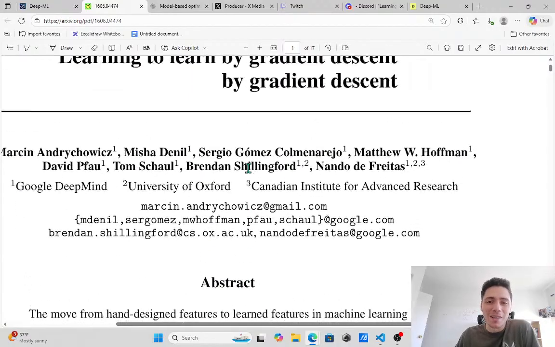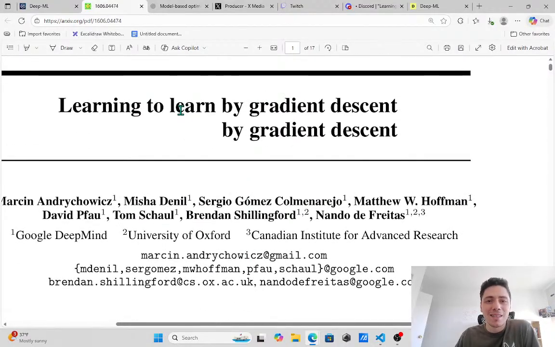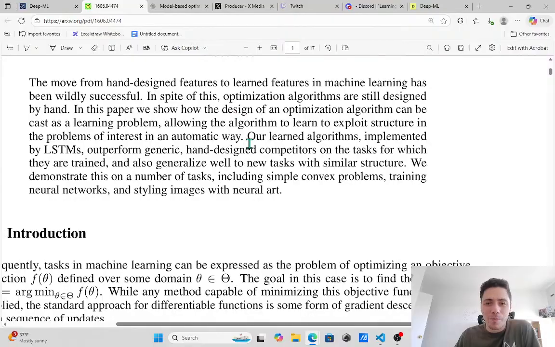Also, this is a hilarious name. I like this, another reason to read it. So it's from 2026 because they're using LSTMs instead of transformers. I haven't seen the word LSTM in a while. They're saying it outperforms hand-designed optimizers.